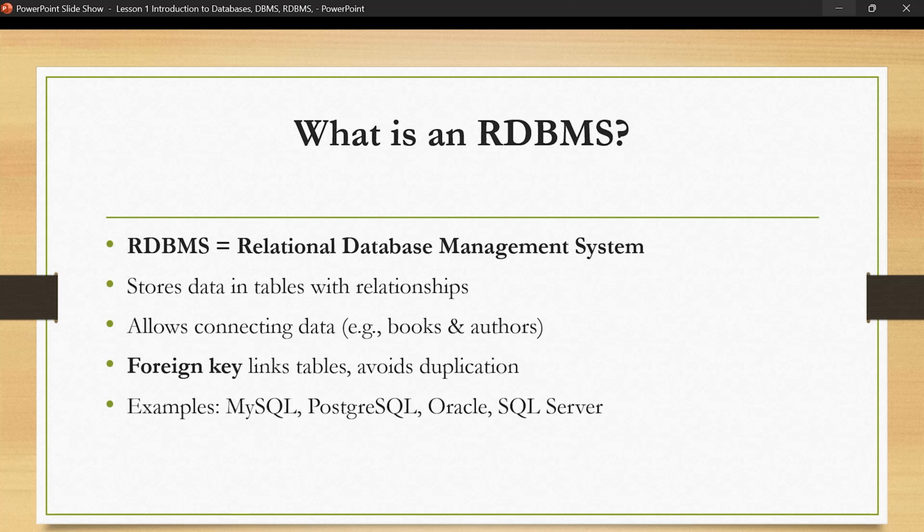There can be a common column present in both the tables. The book table can have author ID, and the author table can itself have author ID. So with this key, we can connect the two tables.